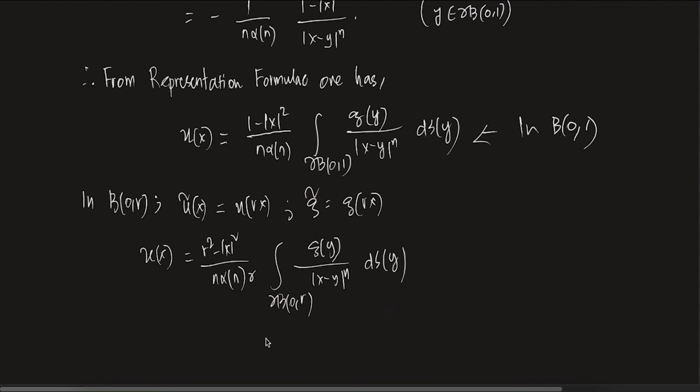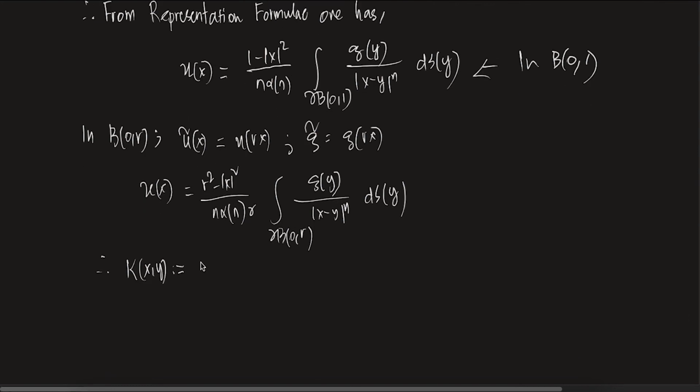And see why I suddenly did it for B0R: because I wanted to write this k of x, y, given by (r squared minus mod x squared) by n alpha n r, and 1 by |x minus y| to the power n. Here x is in B0R, and y is on the boundary.